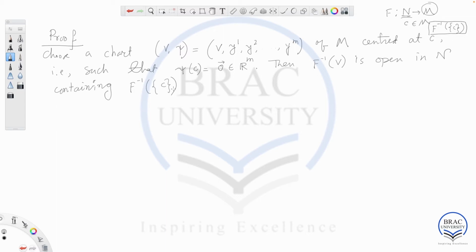Also, in this inverse image of V under f, f inverse of c is equal to f inverse composed with psi inverse of the zero vector, because of this.